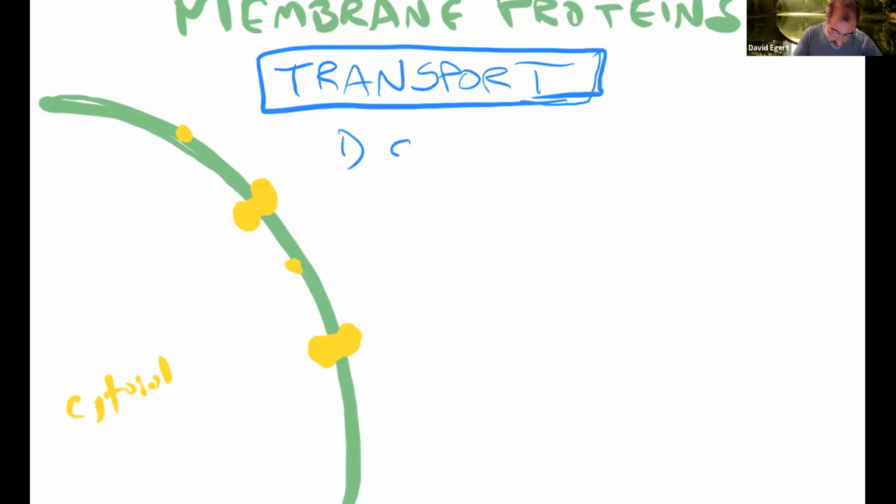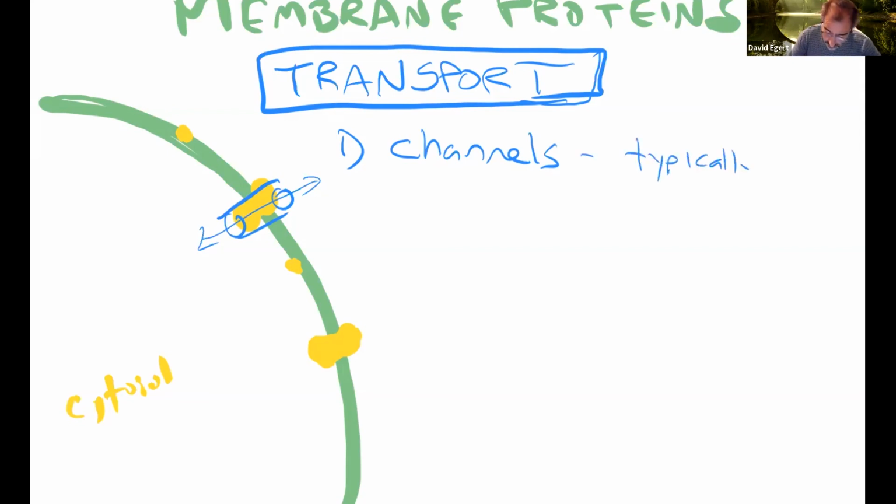One kind are what we just call channels. A channel is kind of like a tunnel that lets things move across. These are typically for ions, typically for specific types of ions.